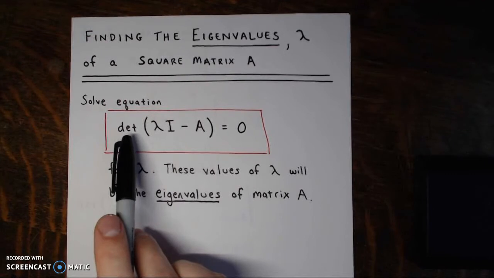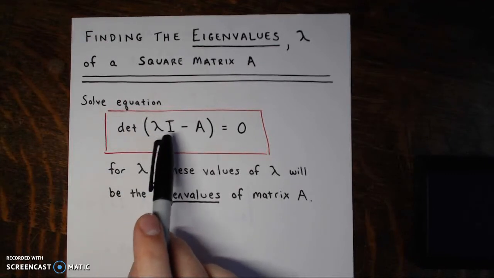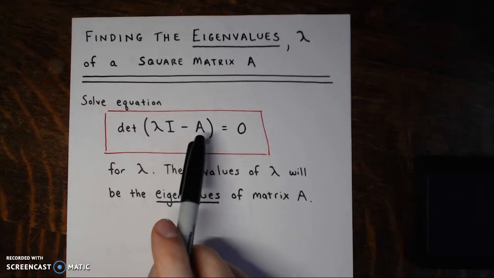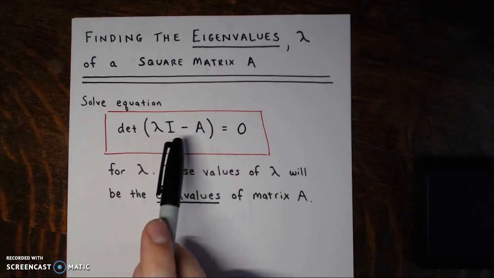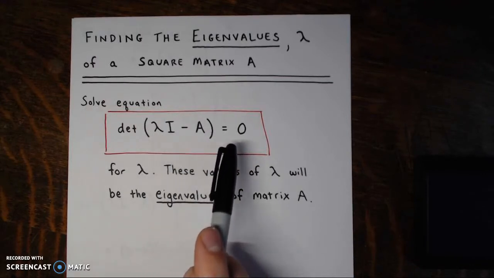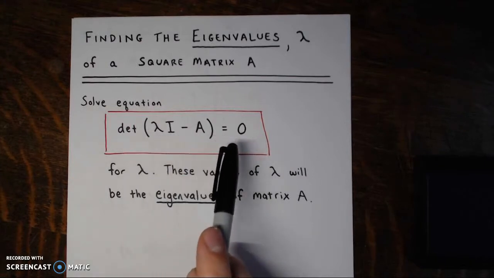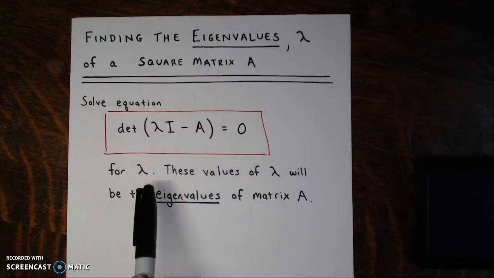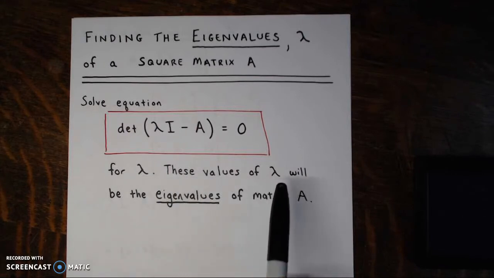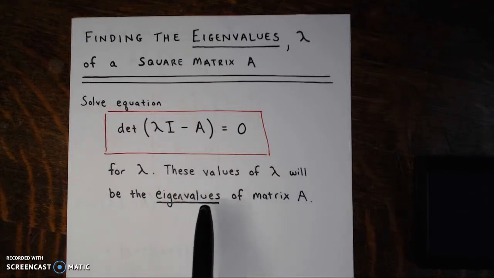You take the determinant of lambda times the identity matrix minus our matrix A and try to determine when this is equal to 0. You're going to solve this equation for lambda, and these values of lambda will be called the eigenvalues of matrix A.